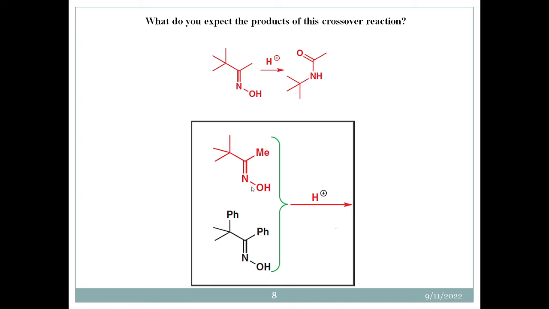Now see, as with the Claisen rearrangement, there will be two reactants, and we put H plus here. Now imagine we don't know the reaction mechanism. What will we expect based on our previous study? This will come here and you will get a single product. This will come here and you will get a single product. Meaning that, let me show it.